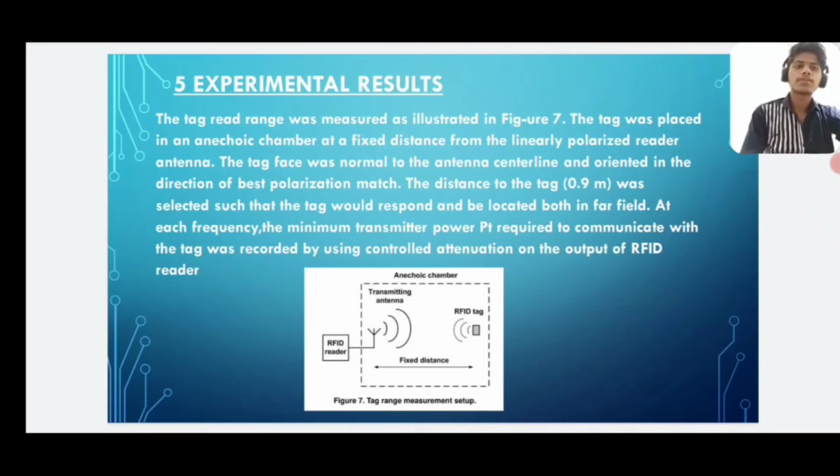The distance to the tag was 0.9 meters, selected such that the tag and reader would be located in the far field. At each frequency, the minimum transmitter power PT required to communicate with the tag was recorded using the controller attenuator on the output of the RFID reader. This is the diagram of the tag range measurement setup.